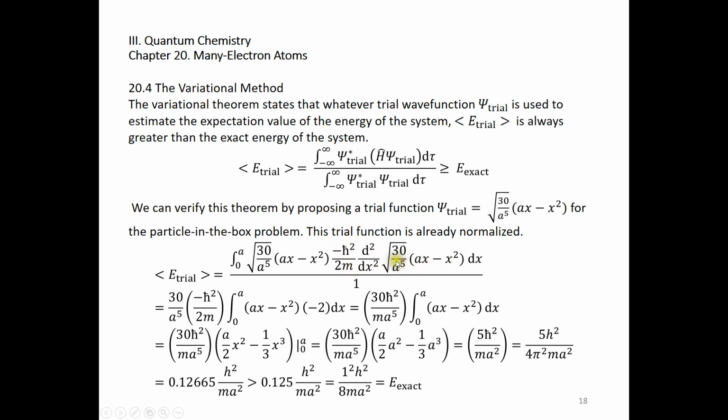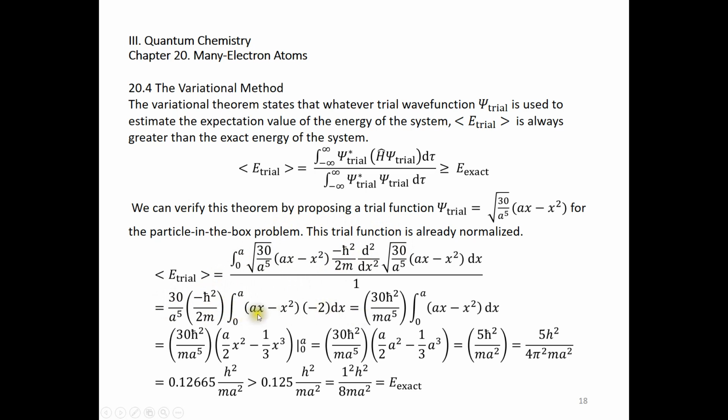Because the potential energy is 0, we do not have to write that part. It's just the kinetic energy here. And we can take the second derivative of this function, which is just -2. So I put -2 here. The wave function copied here. Also, we have the normalization factor squared. I put it here, and then we have negative h bar squared over 2m over here.